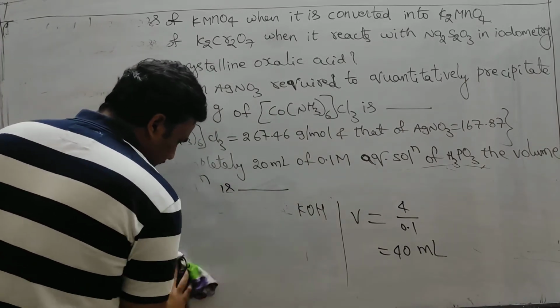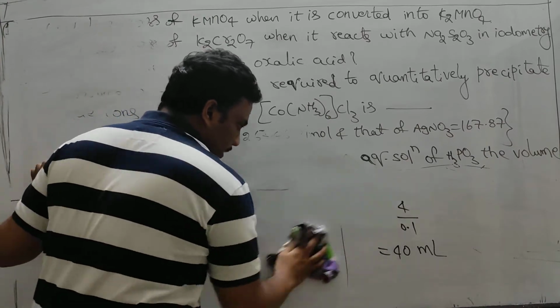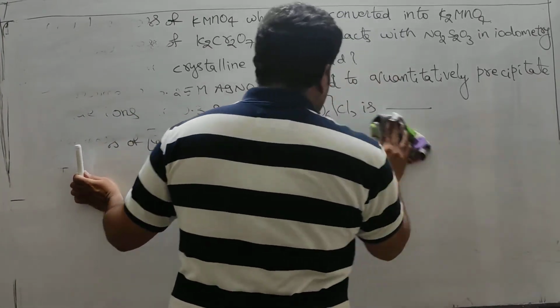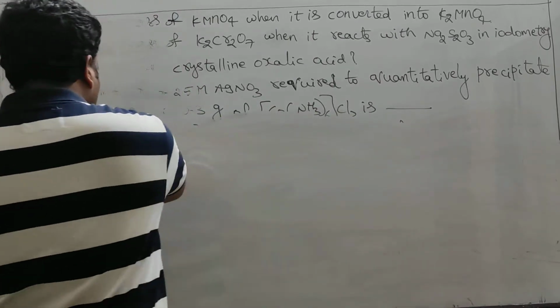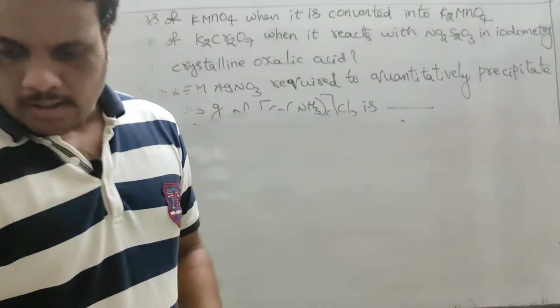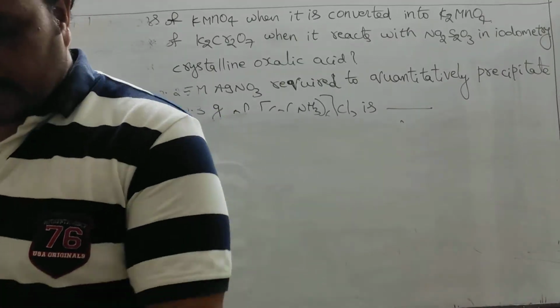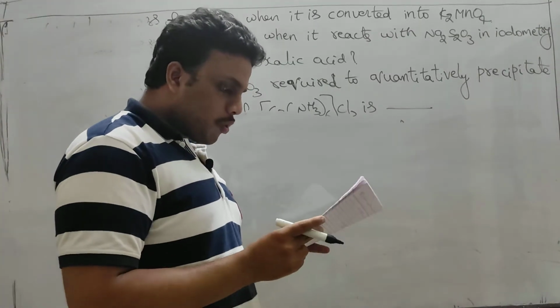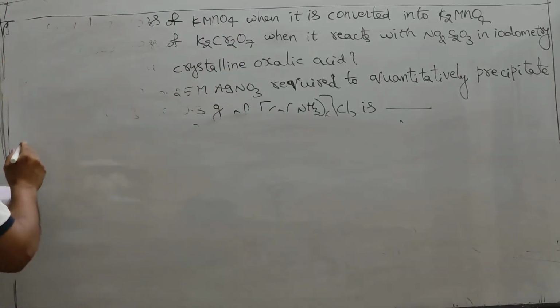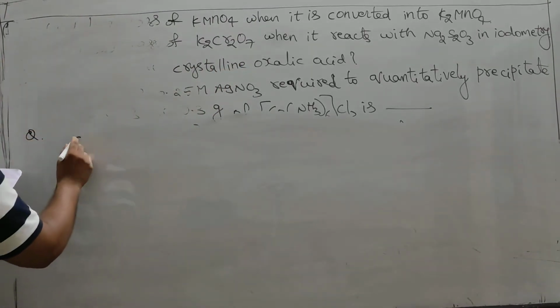One more question is there. Actually, there was no space on the board, that I will read now. It says, calculate the number of moles of Mohr's salt required per mole of dichromate. There is a competitive question.